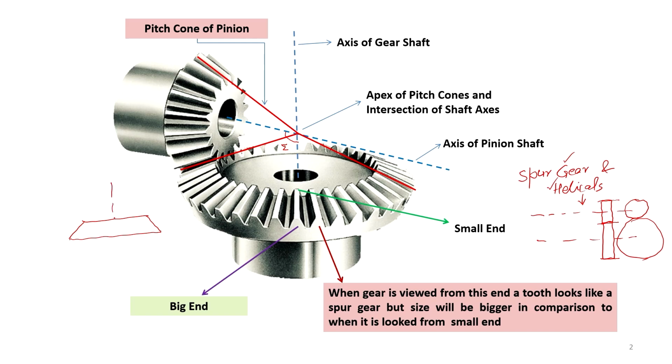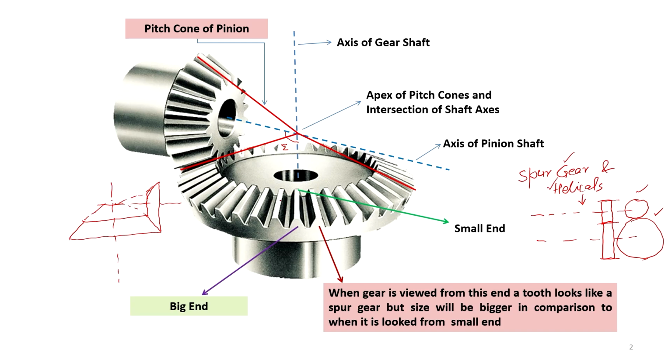This is the axis of rotation of one gear, and this is the axis of rotation of the other. The pitch cones will intersect at a point called the apex of the pitch cones and the intersection of the shafts.